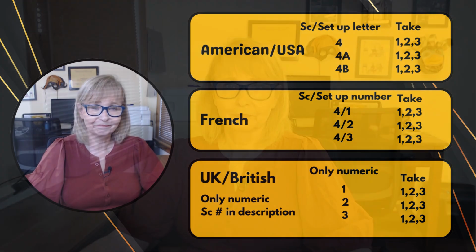Okay, so those are the 3 versions that you would probably come across when slating as a script supervisor: the American version, the French version, and the UK version. Of all those 3, the UK version is the only one that puts the scene number in the description as opposed to in the actual slate itself. So just remember that when you're doing your slating.